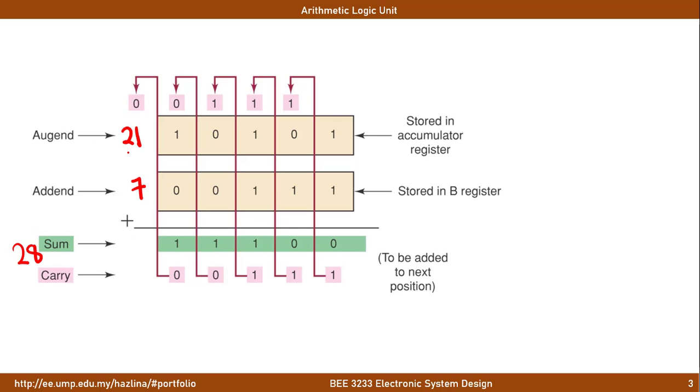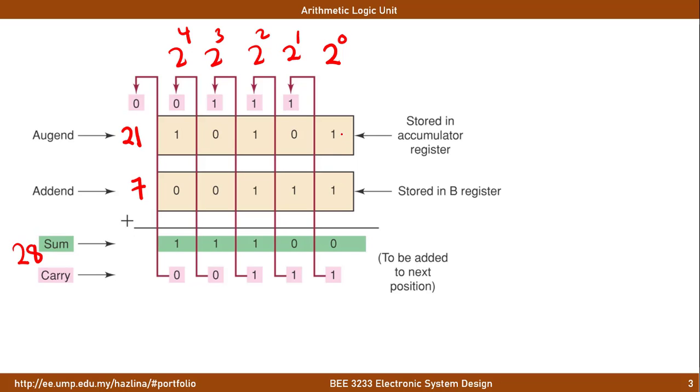So in binary, 21 is represented by a 5-bit binary number, which is 10101, followed by 7, 00111. Okay, just a reminder, this is equivalent to the power of 0, to the power of 1, 2, 3, 4.